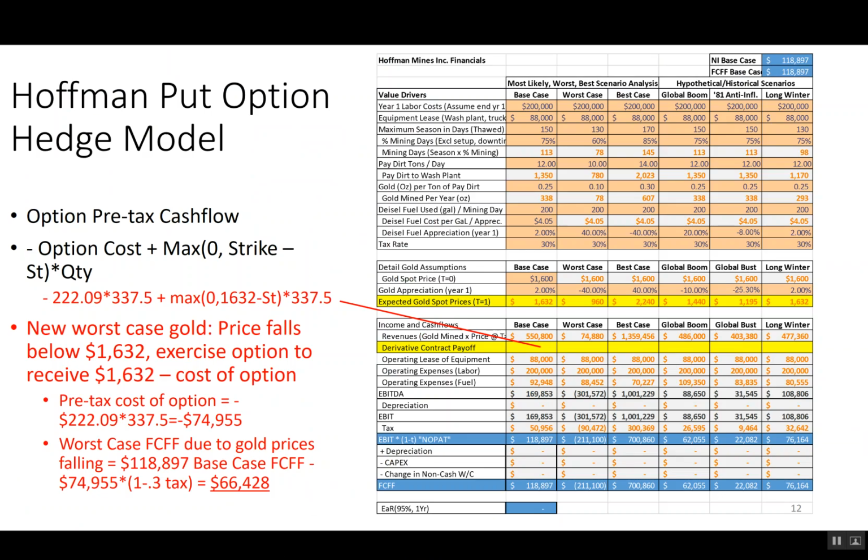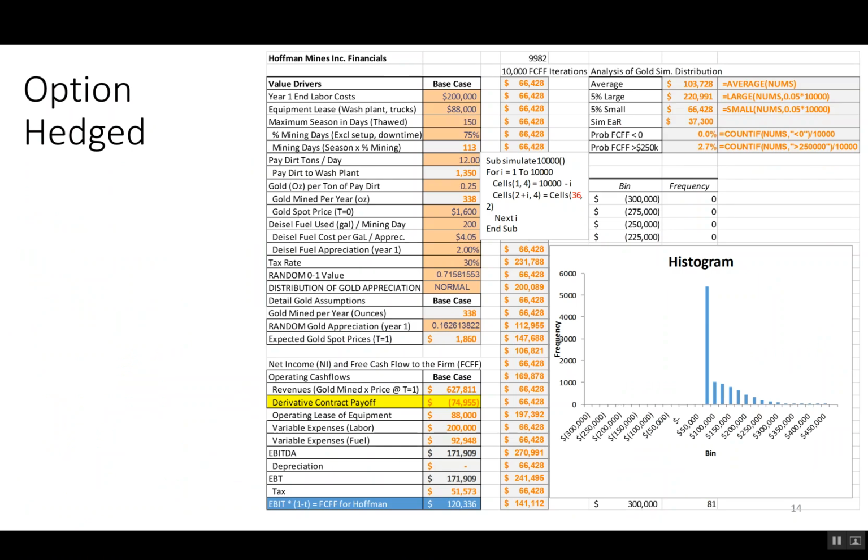Now, if I did run the Monte Carlo simulation, you get a really interesting payoff. If I don't hedge, I get this expected really good times and I get really bad times. If I get a forward contract, I basically only get one possible scenario, and that is I always sell my gold at 1632.